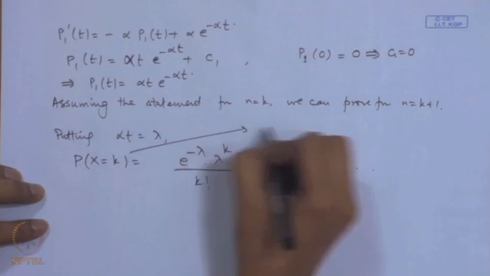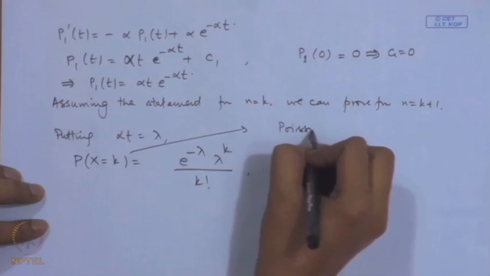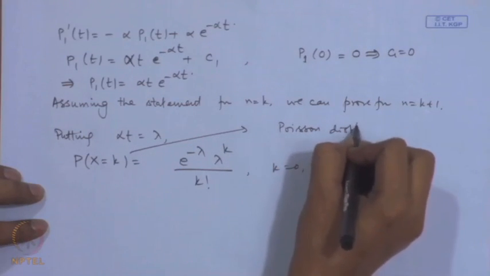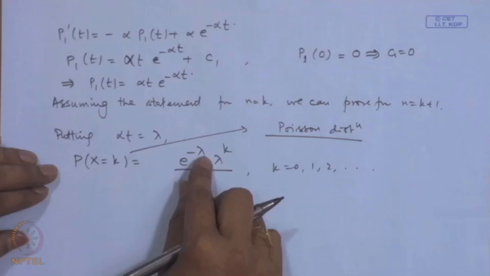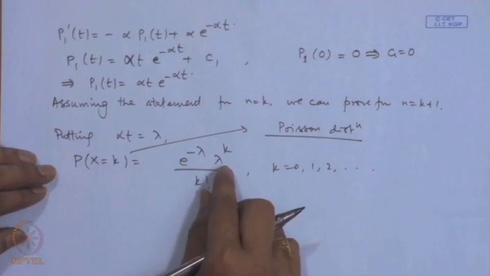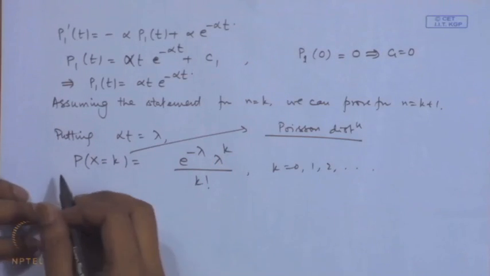So, popularly this is known as the Poisson distribution, that is the distribution of the number of occurrences in a Poisson process, and when we are considering the interval of length t and we multiply alpha into t, that gives the value lambda. So, this is called the Poisson distribution.